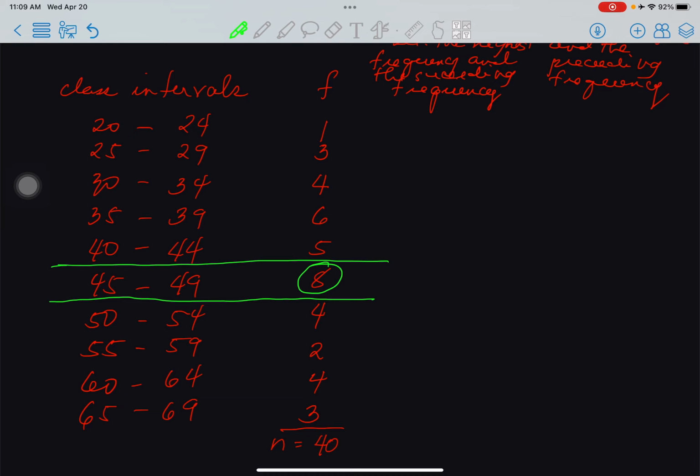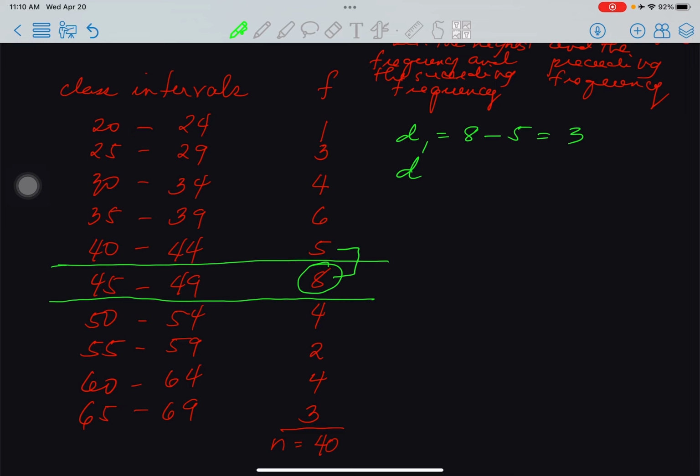Then after that, you are going to determine your d sub 1. D sub 1 is the difference of your highest frequency and the preceding frequency. Our highest frequency is 8, so we have 8 minus 5, the preceding frequency, and the answer is 3.